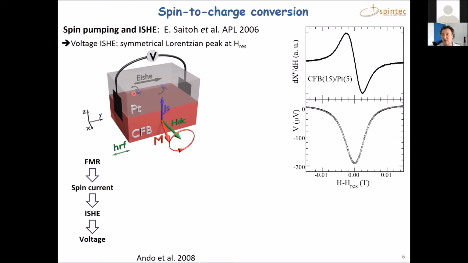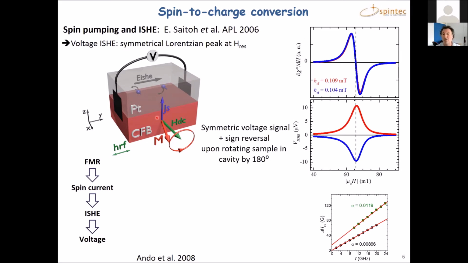This is an example. Here you have the derivative of the absorption spectra, and at this resonance a large symmetrical voltage develops. The spin current that we inject is directly proportional to the extra Gilbert damping that occurs when you attach, for example, platinum to cobalt iron boron.